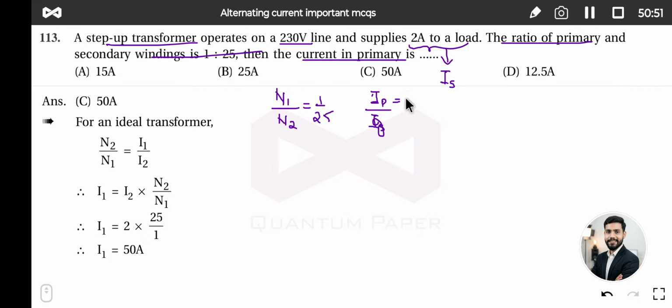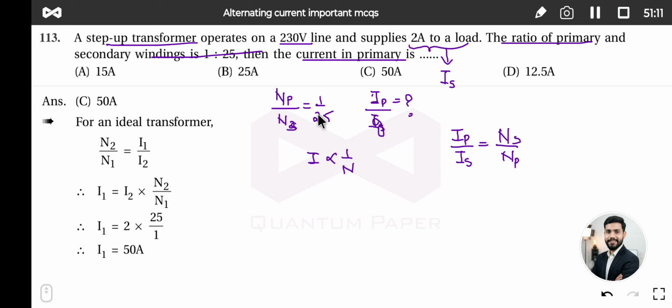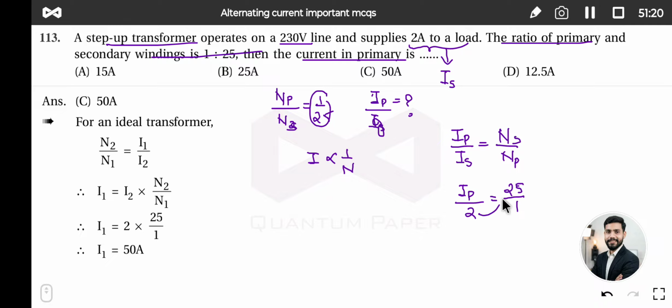We know that current and number of turns are inversely related, I is proportional to 1 by N. So if you apply the formula, IP upon IS is nothing but NS upon NP. NP upon NS is given 1 by 25, so here it becomes 25 by 1. Current in secondary is given 2. If we do the cross multiplication, IP is 25 into 2, which is 50 ampere. So the correct answer is 50A.